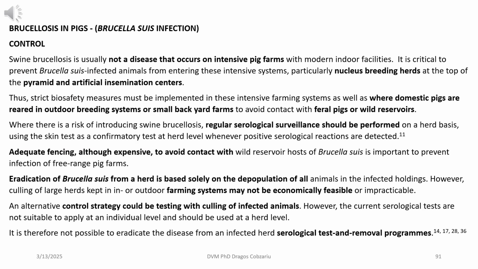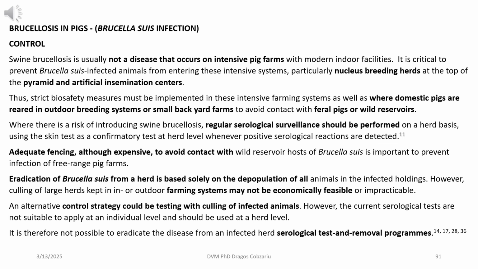Swine brucellosis is usually not a disease that occurs on intensive pig farms with modern indoor facilities. It is critical to prevent Brucellosis infected animals from entering these intensive systems, particularly nucleus breeding herds at the top of the pyramid and artificial insemination centers. Thus, strict biosafety measures must be implemented in these intensive farming systems as well as where domestic pigs are reared in outdoor breeding systems or small backyard farms to avoid contact with feral pigs or wild reservoirs.